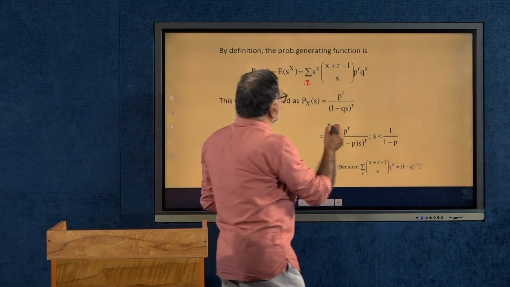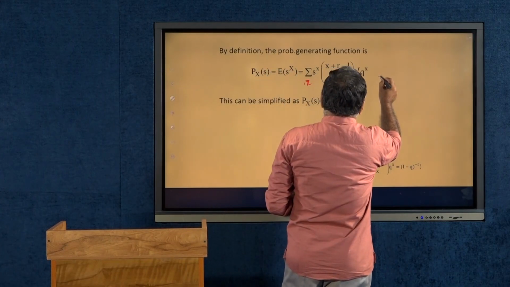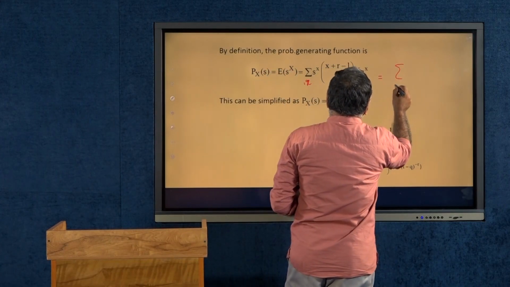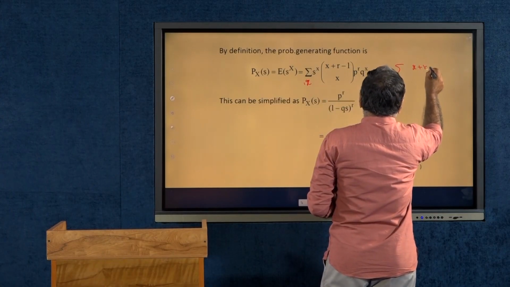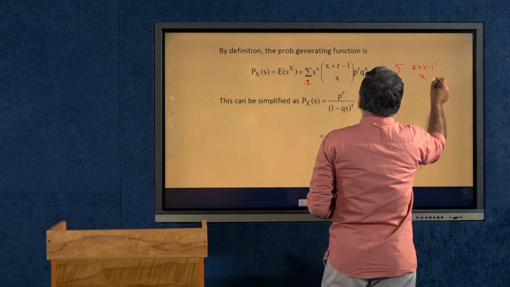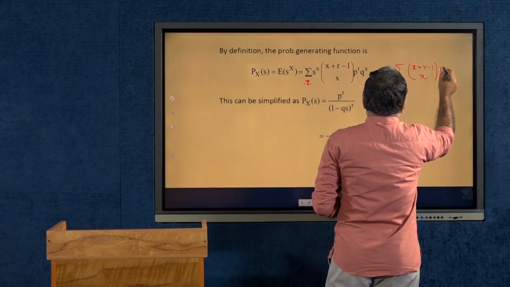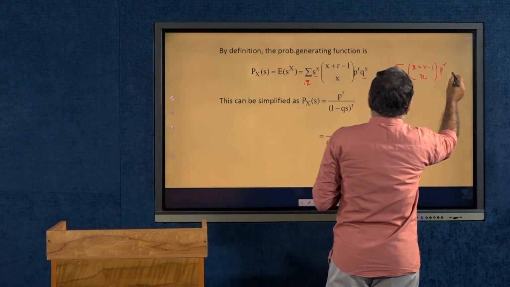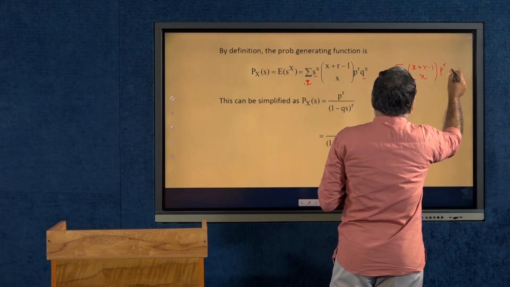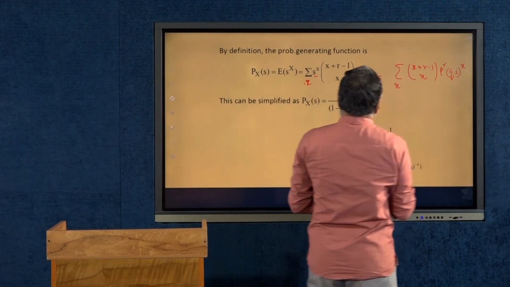What we are doing here is combining q power x and s power x, so we can write q s power x.